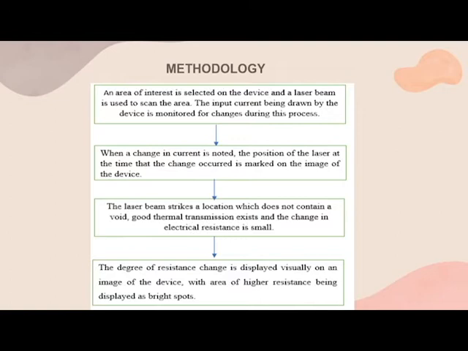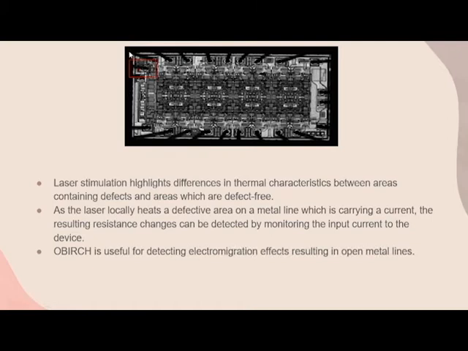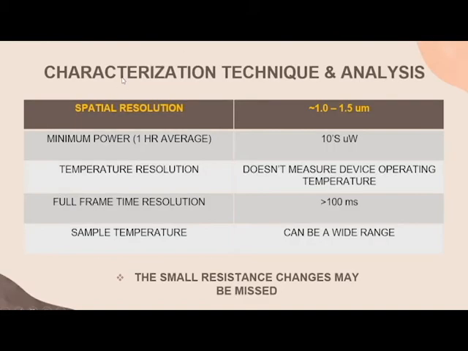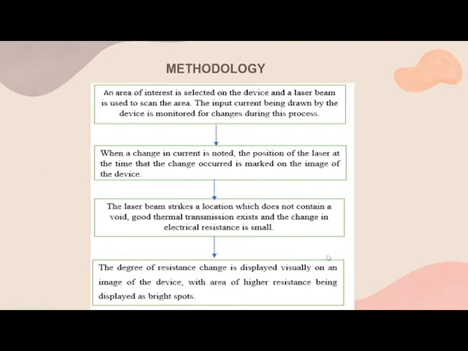For the last part, the degree of resistance change is displayed visually on an image of the device. For the red box, like I explained just now, if there is a difference in resistance, it will be displayed visually on the image of the area of interest, with areas of higher resistance displayed as a bright spot.